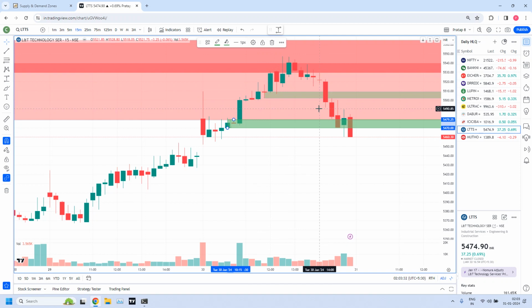Generally, before important events, market volatility will change in a drastic way. You will see huge ups and downs before the budget, or before important elections, or before company results, or even the US Fed or RBI interest rate updates.